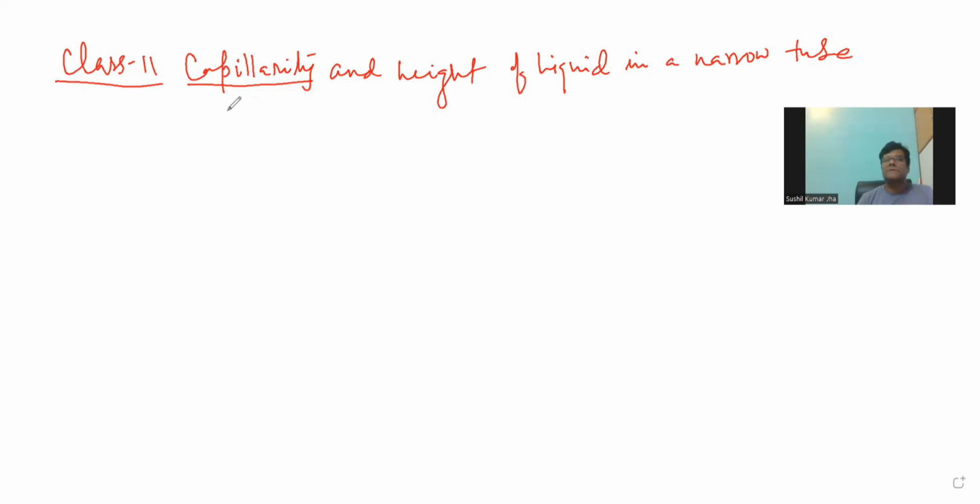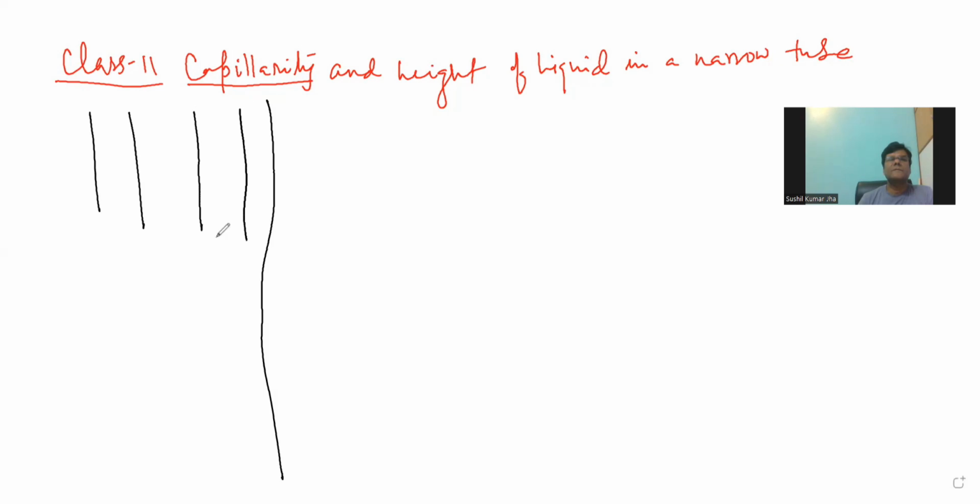When we talk about this capillarity, then there are two terms associated with it. First, it is the meniscus and angle of contact. Let us take two fine bore capillary tubes. In both, we fill some liquid.